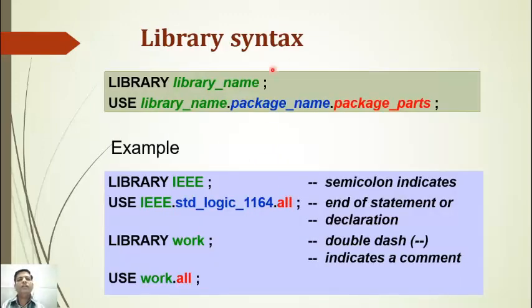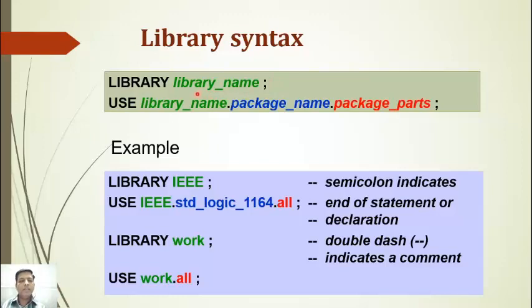After that, the syntax for the library. 2 lines of code, one containing library name and the other the use clause. So here is the syntax for the library: the capital word LIBRARY, and whatever name should be defined for that library, that is library underscore name semicolon.